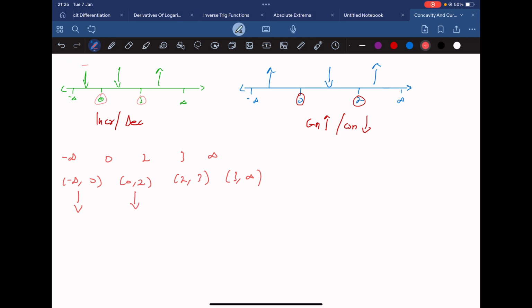From 2 to 3, the function is decreasing again. And from 3 to infinity, that's where we've got to see that the function starts to increase. So it increases here. So we are trying to combine everything.